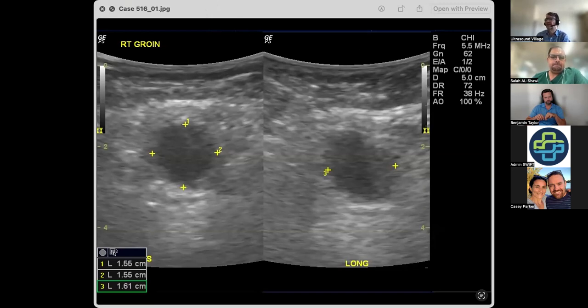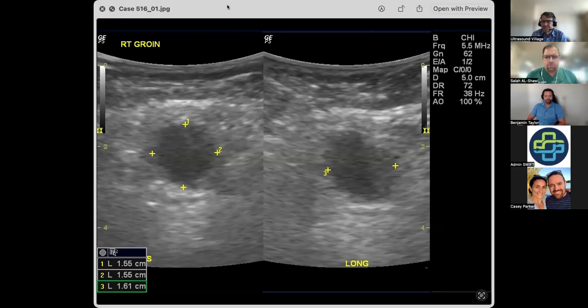I haven't written down exactly how many days ago. He's come in with a groin lump, and you've been asked to evaluate it. Okay, if I can just get you to describe what you're seeing, tell me what you think the differential is and what further you might look for with ultrasound.